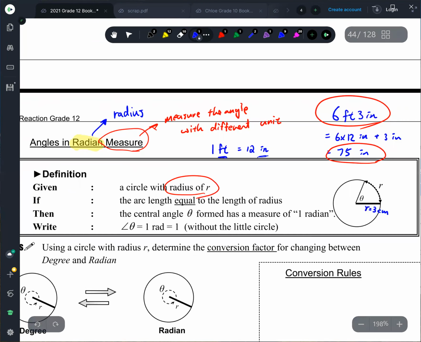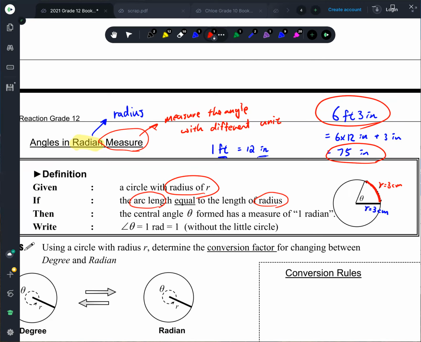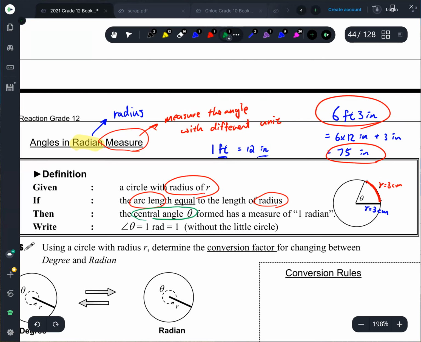And then if the arc length is equal to the radius, okay, arc length is talking about this part, the curvy part. If that part is also 3 cm, equal to the radius, then the central angle theta, the amount of the opening of the angle at the center, we call that central angle.